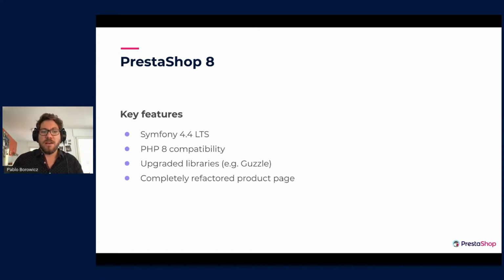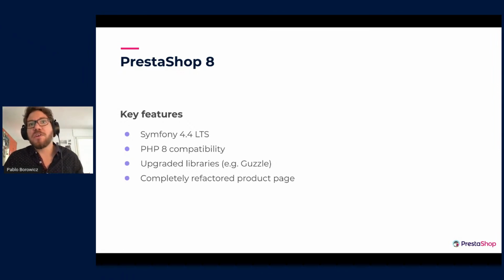Similarly, we are pushing the PHP compatibility to PHP 8. We'll try to provide PHP 8.1 when it's out, but we are dependent on some libraries which need to be upgraded. So our promise is PHP 8, maybe PHP 8.1. And to be able to provide this compatibility, as I said, we had to upgrade a lot of libraries, including Guzzle.